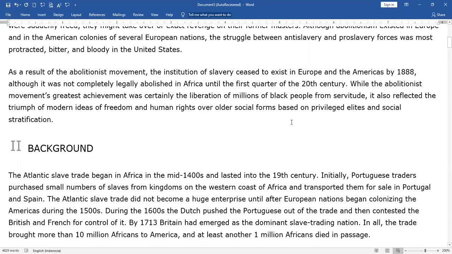While the abolitionist movement's greatest achievement was certainly the liberation of millions of black people from servitude, it also reflected the triumph of modern ideas of freedom and human rights over older social forms based on privileged elites and social stratification.